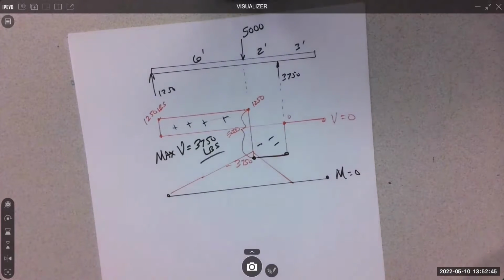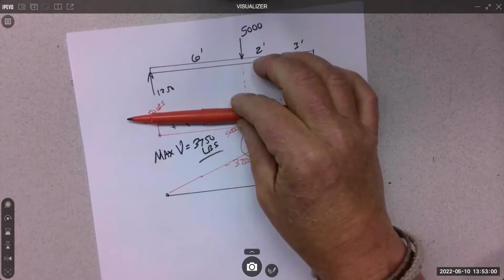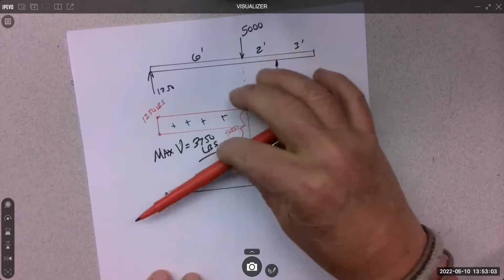So the moment curve is created from the shear curve, and the shear gives you the slope of the curve. Then you have to know other things, like that a horizontal line, when you integrate it, turns into a sloped line.